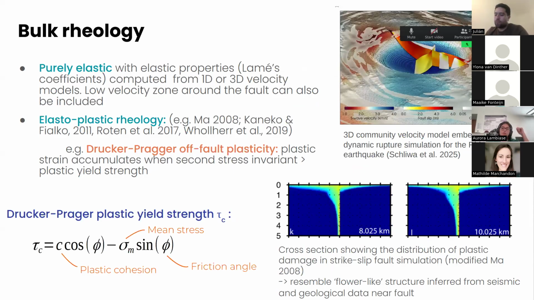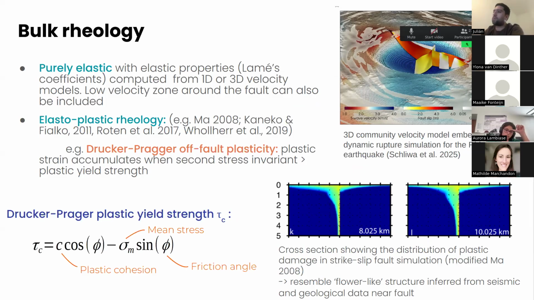Then we also need to prescribe the medium properties. So in many simulations, the medium is purely elastic, with the elastic properties computed from a 1D or 3D velocity model. We can also add any kind of complexity in the medium properties.